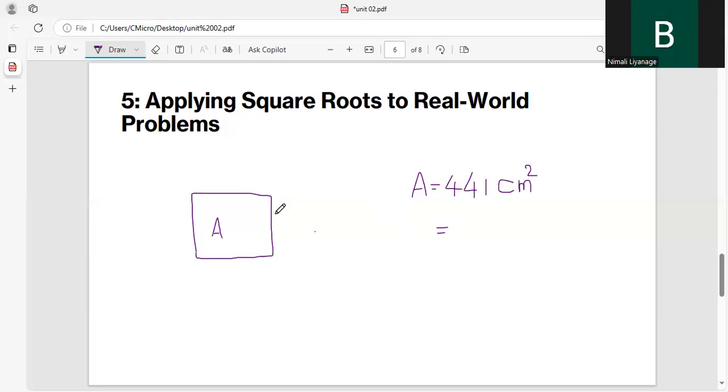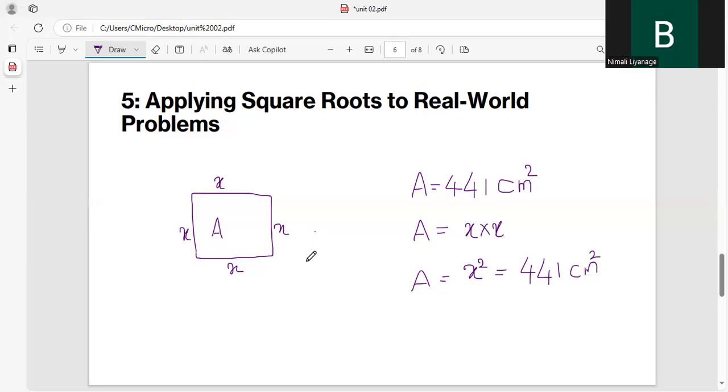So let's assume the length of one side is x. This is x, is x, is x, no? So we multiply x by x, or we can simply write area is equal to the square of x. So it's equal to 441 square centimeters.